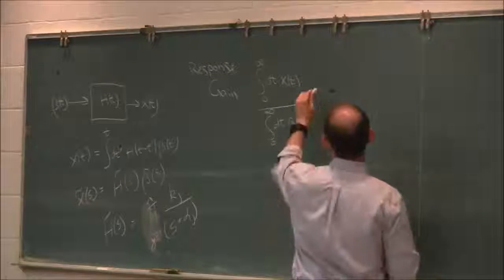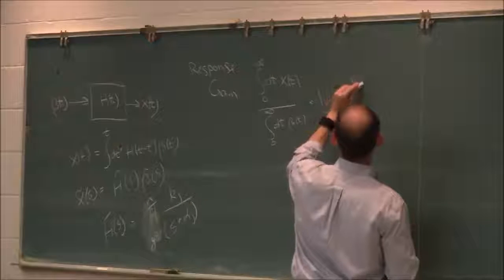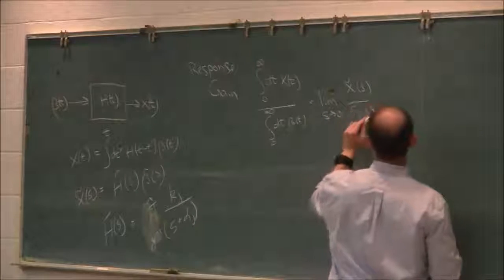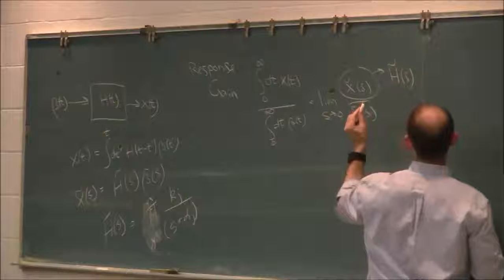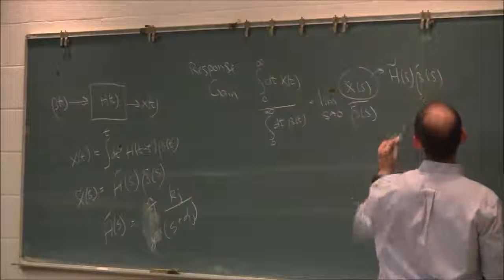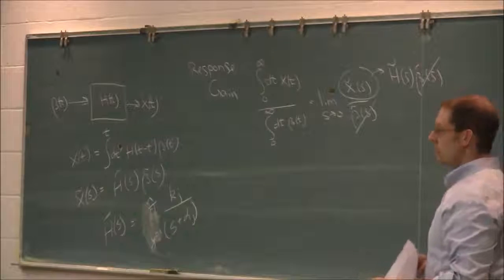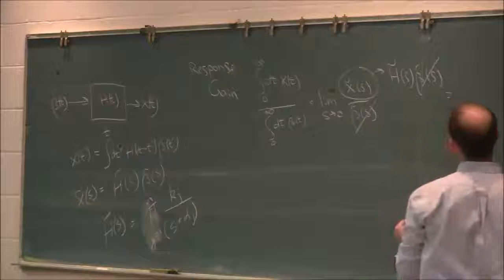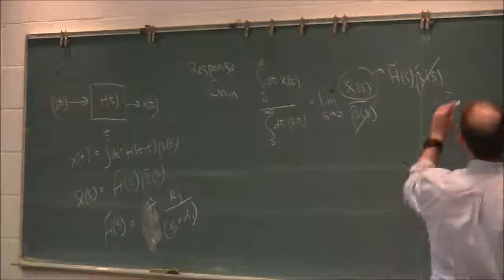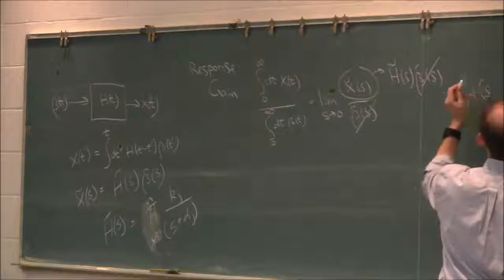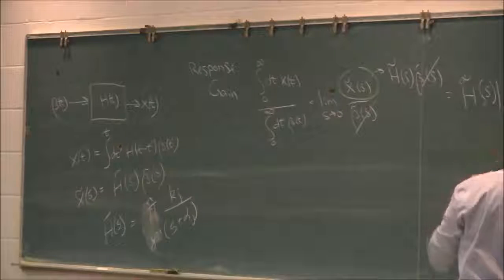We saw that this was the limit as s goes to 0 of x tilde of s over beta tilde of s, and x tilde is equal to h tilde of s beta tilde of s. Those cancel. When we're in the linear regime, we should have a response function that's well defined when s equals 0, as opposed to just s goes to 0. So this should be h tilde of s evaluated at s equals 0.